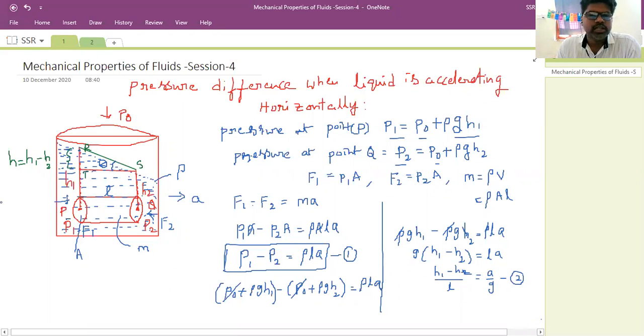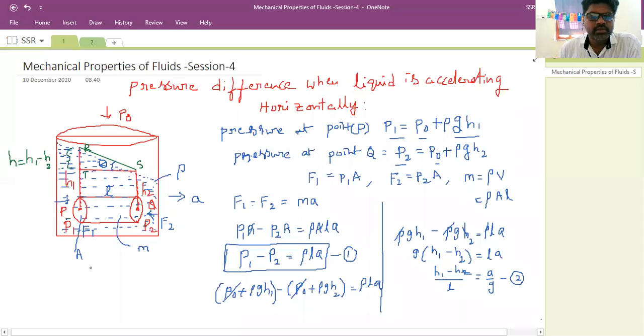Now you can see the diagram once again. From the diagram you can observe there is a right angle triangle RTS.